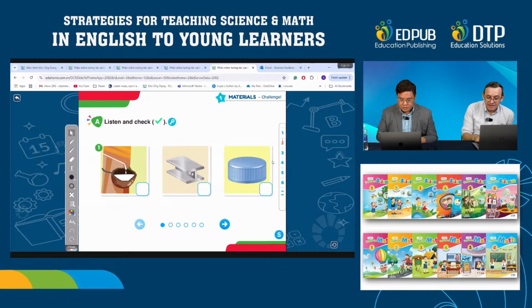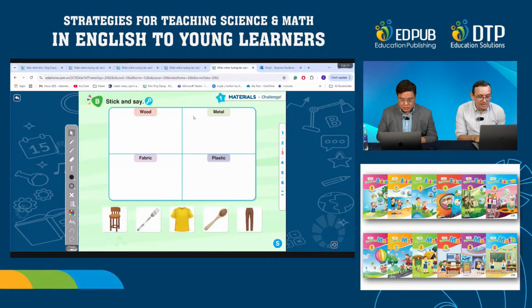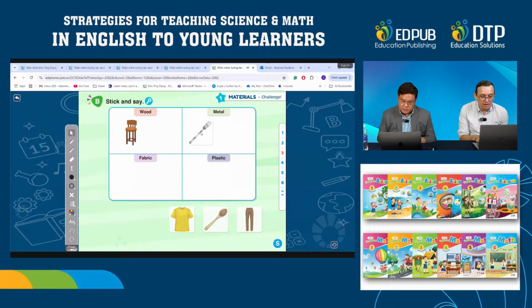We've got a listening with audio. We've got the categorizing activity, similar to what we looked at before. And there we go. So I think we have maybe 10 objects to put into the different materials.